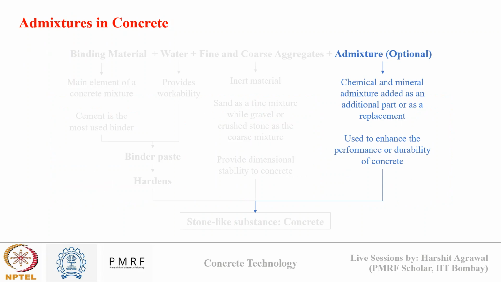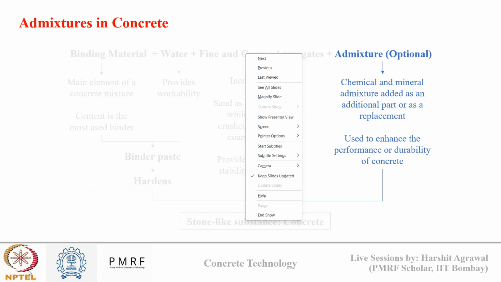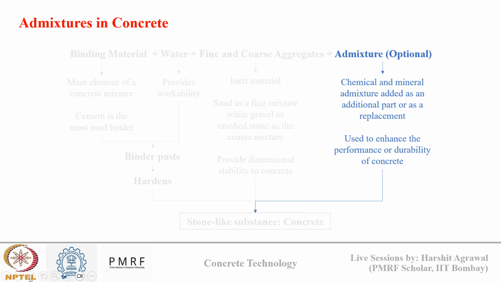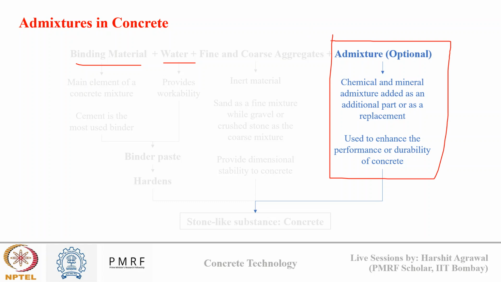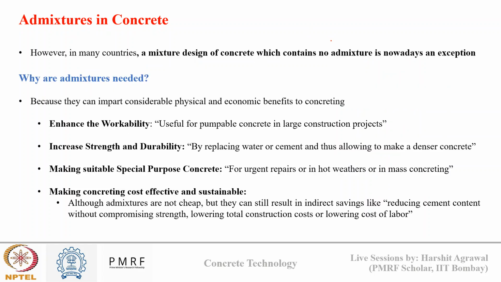Now, if you go to the first live session that we had, we talked about the composition of concrete, for which we saw one equation, and we saw that admixture is an optional entity in that equation. These admixtures are added as an additional part, as a replacement to main components like water or binding system. So today's discussion will be about understanding this final component of the equation that we wrote in the week 1 session.